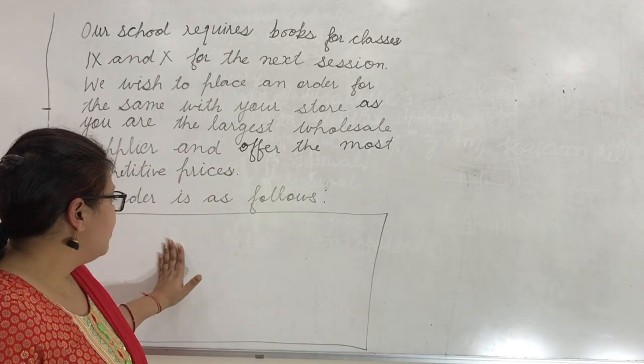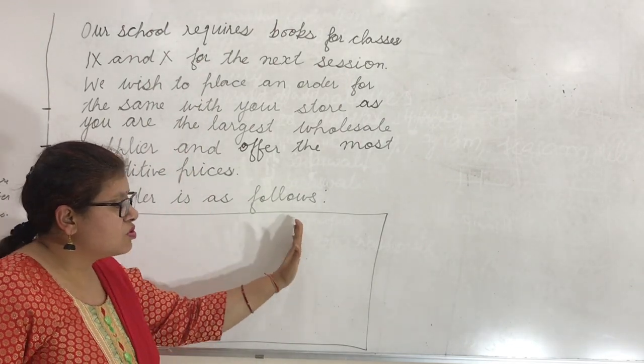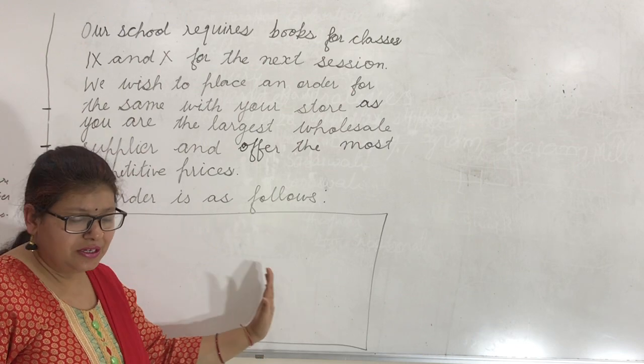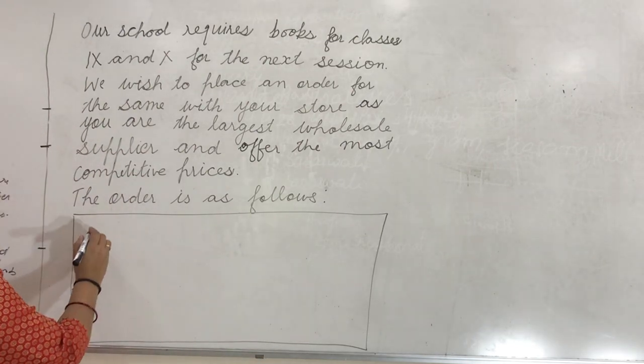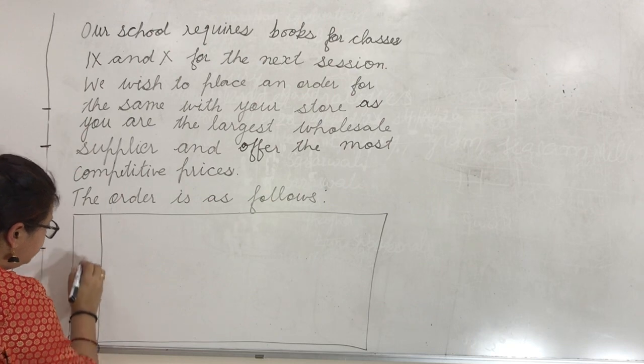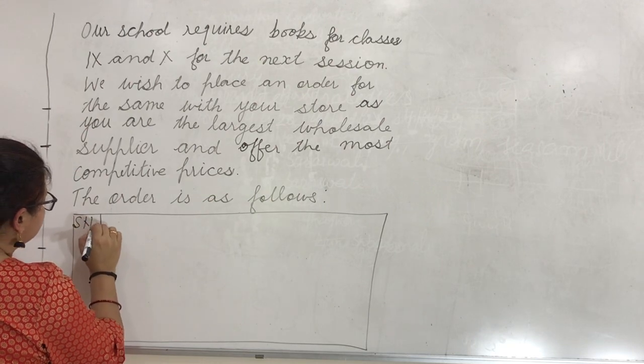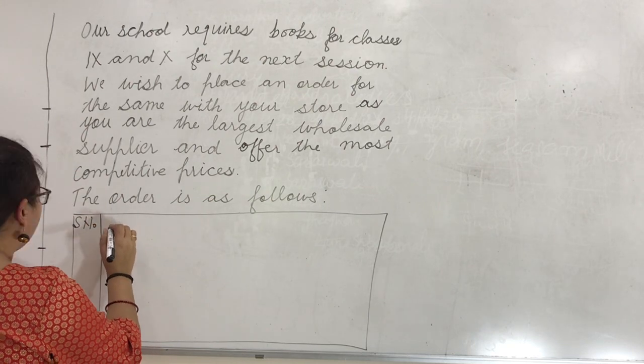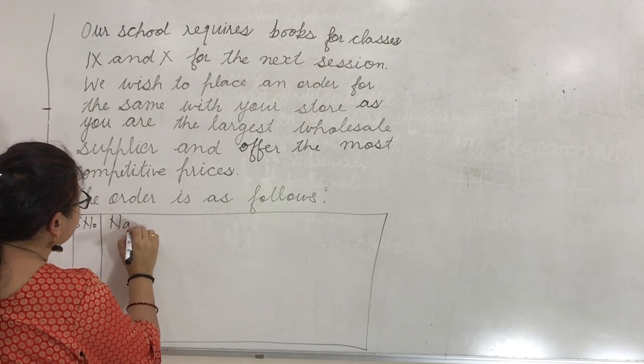So let's see what columns we are going to prepare here. First is serial number. Then name of the book.